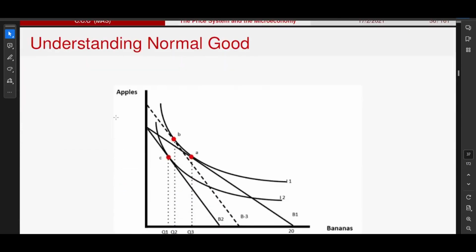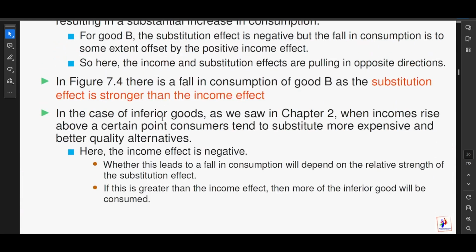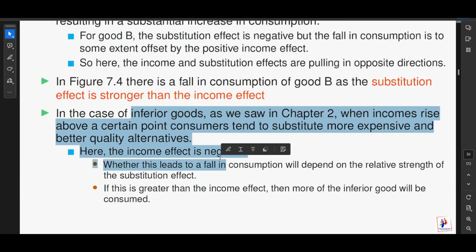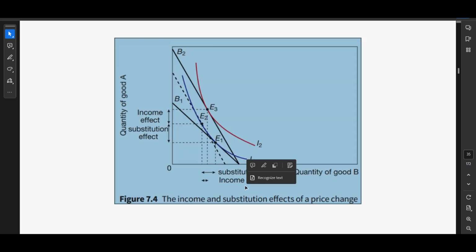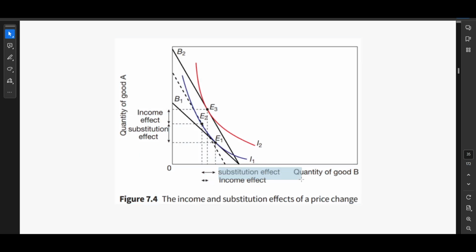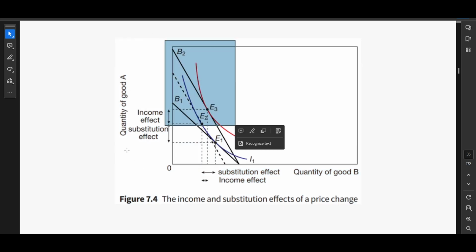So this is just straightforward inferior and normal good, right? If one or the other is consumed more, then it means this is the inferior and this is the normal. If the reverse were to happen, then it would mean the opposite. If the consumer chooses to consume more of one product when the budget is increasing, that one is normal.